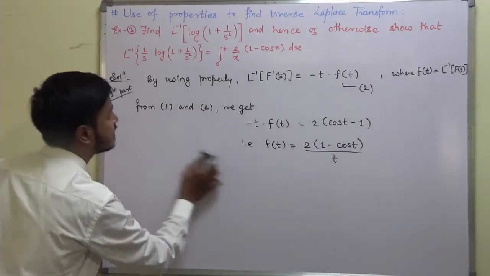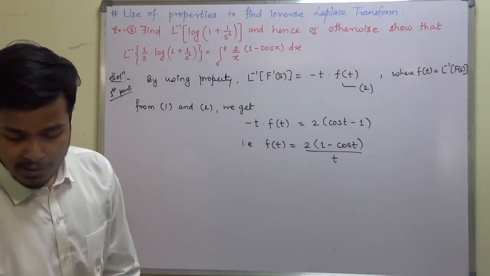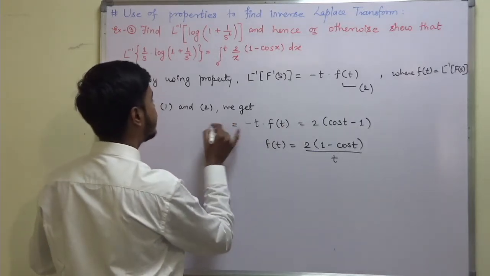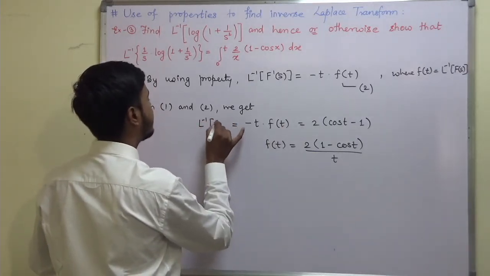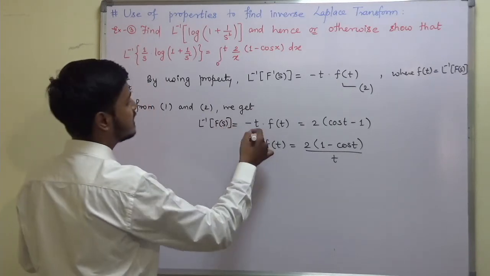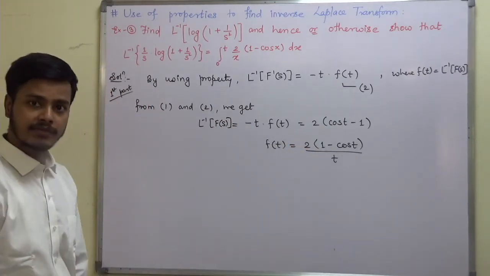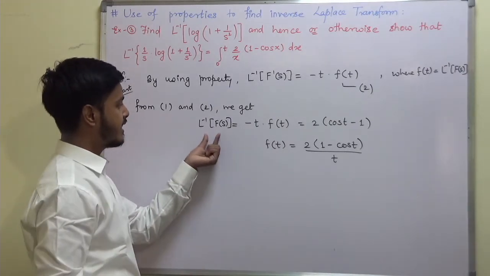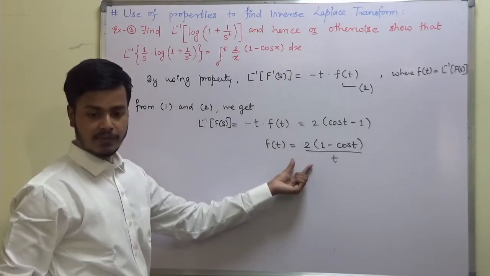And that is what we want. So from 1 and 2 you can write L inverse of F of s is equal to this. Now what is L inverse of this? This is f of t we got.